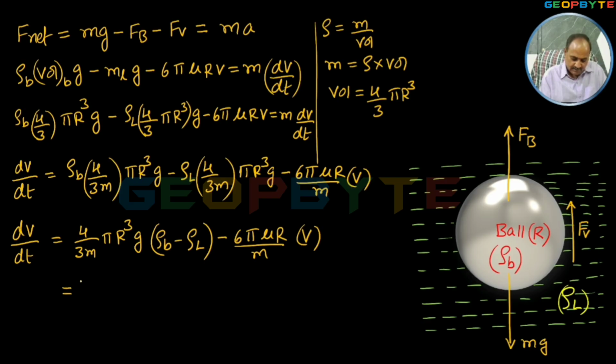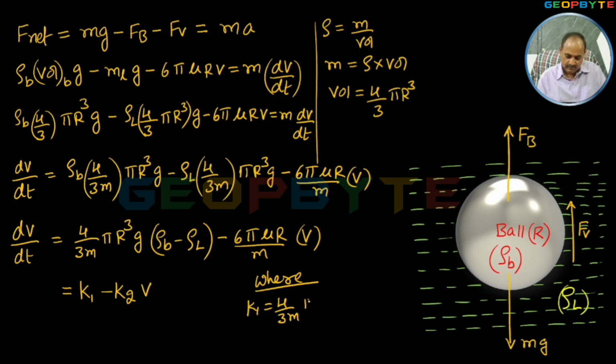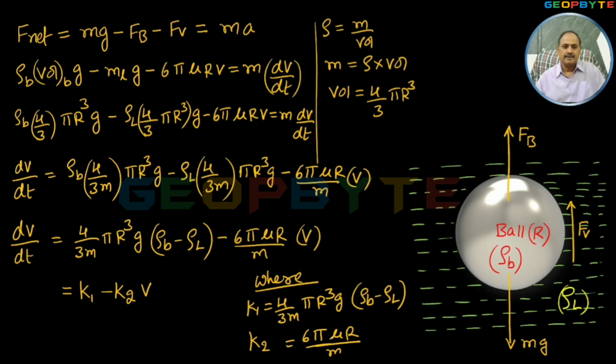It can be written as k1 minus k2 into v, where k1 equals 4 by 3m pi r cube g into density of the ball minus density of the liquid, and k2 equals 6 pi mu r by mass. Understood clearly? Yes.